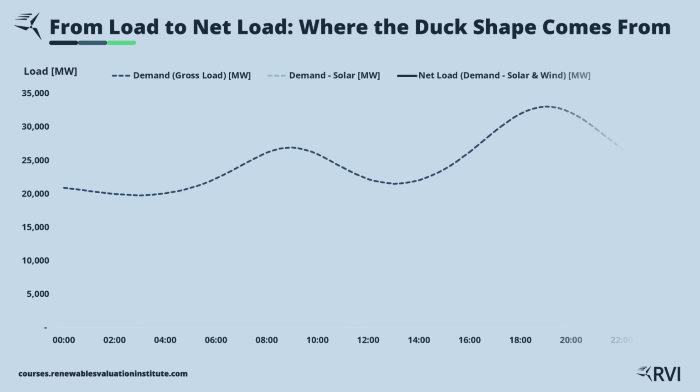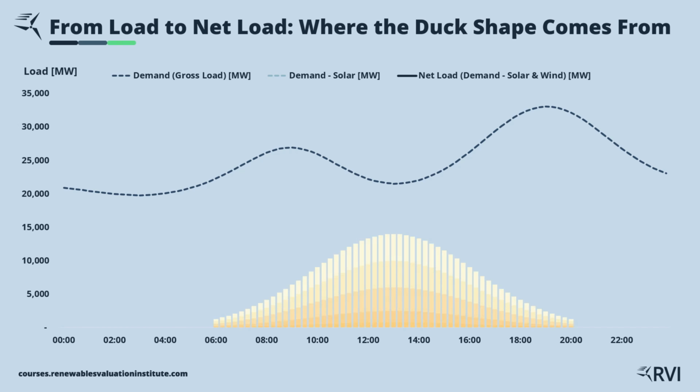This line shows total demand across a typical day, the kind of demand profile we modeled in the last lesson. Now imagine we add solar to the system. Solar generation rises in the morning, peaks around noon, and falls off in the late afternoon. Once solar is subtracted from demand, net load drops sharply at midday and the belly of the duck starts to appear.